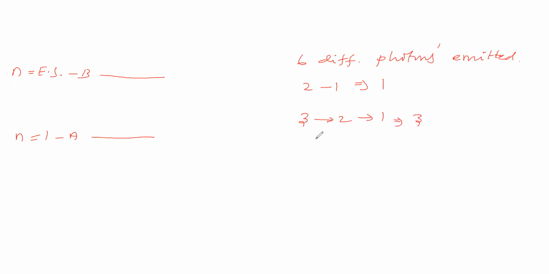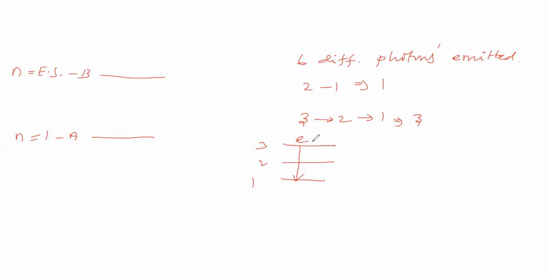Suppose the electron is in the third energy level. Going for de-excitation, in what way can it jump? First, second, third. One possibility is jumping directly from 3 to 1, emitting one photon.